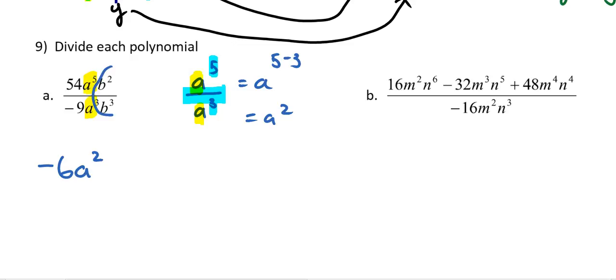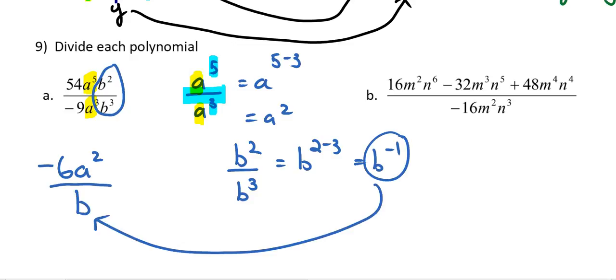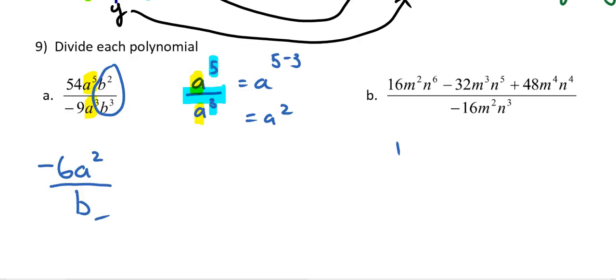Then over here, you have b squared over b cubed, and although you can subtract the powers, like b to the power 2 minus 3, which equals b to the power minus 1, this b to the power of minus 1 means you have 1 b on your denominator. Okay, and if that wasn't very clear, then another way that you could do these kind of questions is just expand it.